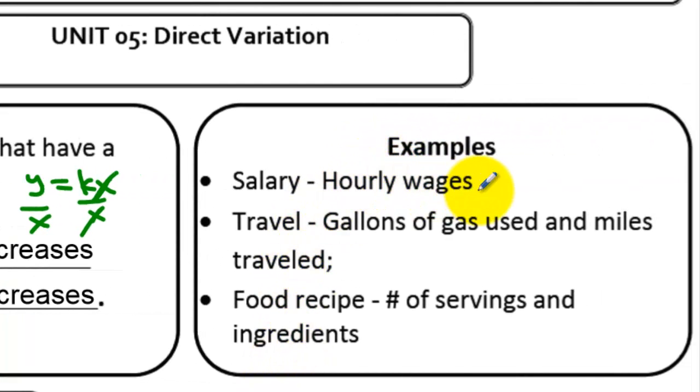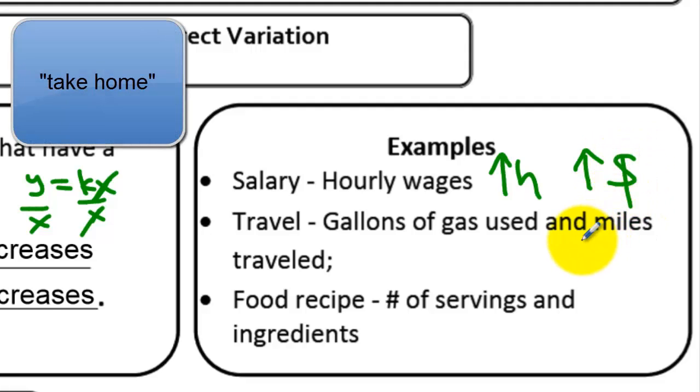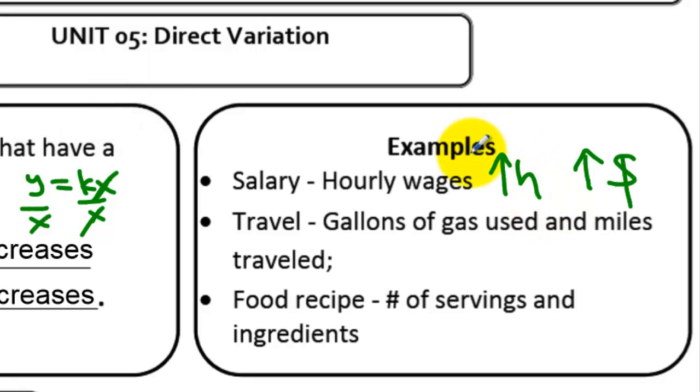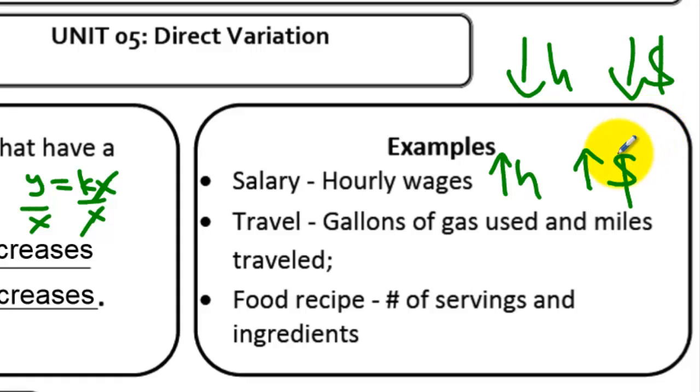For hourly wages, the more time that an employee is given a chance to work in a given period of time, the more salary the employee is going to take home. Of course, if you are paid hourly, the less time you are given a chance to work, the less salary you're going to get at the end of the month, for example.